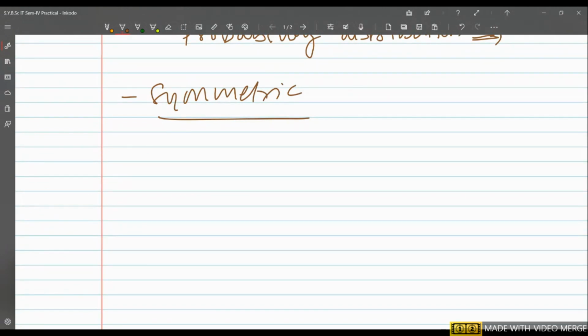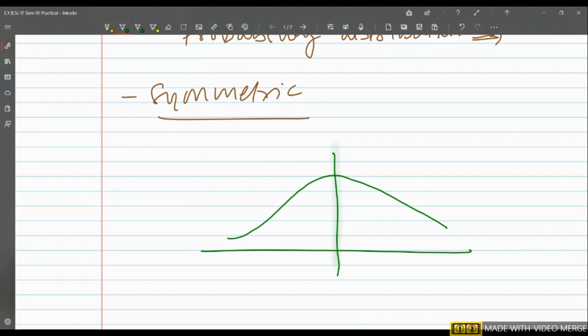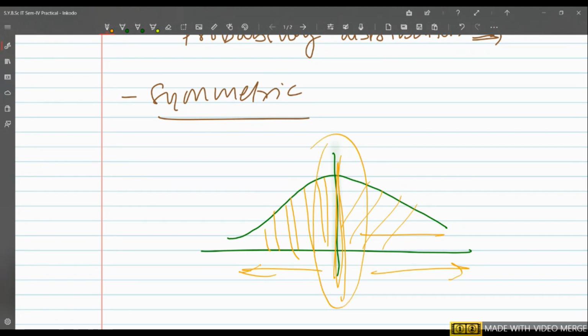Here I'm drawing the curve, just wait, let me change the color. This is the curve of the normal distribution. So the normal distribution curve is a symmetric curve. Symmetric in the sense that whatever the area to the left side of this line is equal to the area on the right side of the line, and this line, which is at the center, is called the mean line, also called the median line, and also called the mode line.